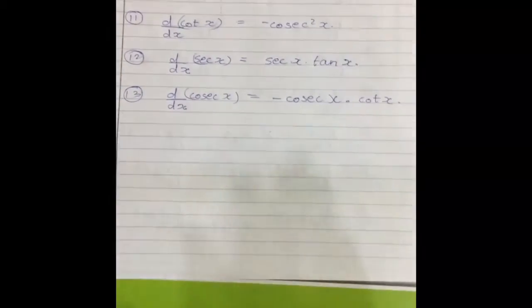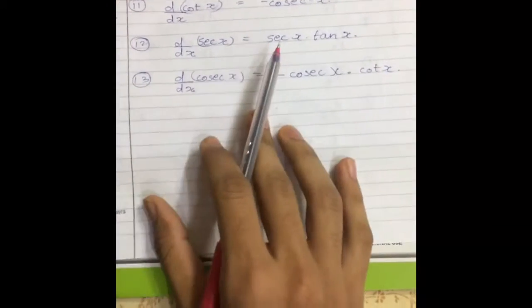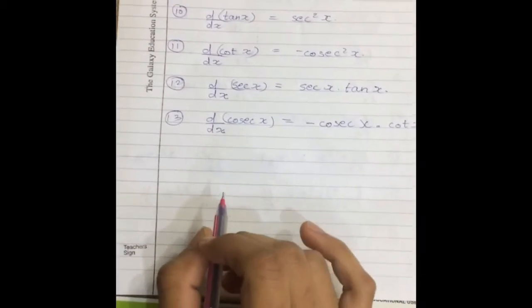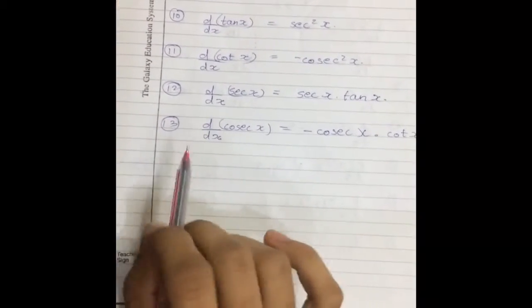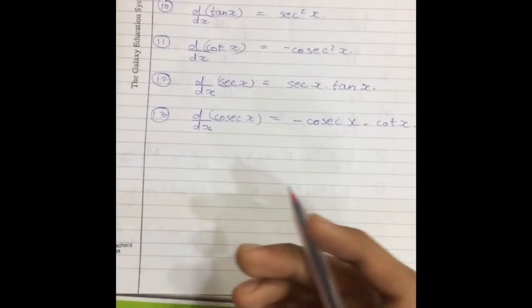These are the formulas, and each one has a derivation, but we are not going deep. We are just understanding the formulas. So these are the 13 formulas, and you need to remember these.